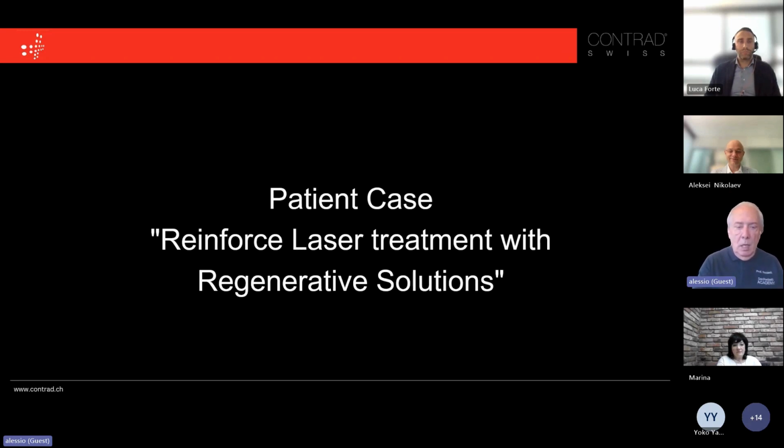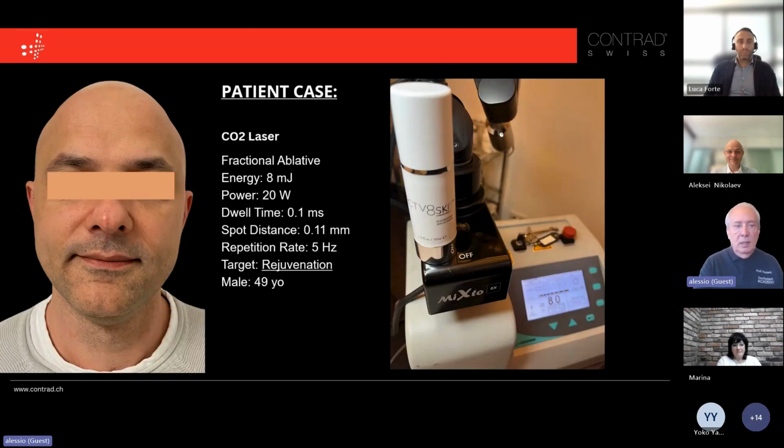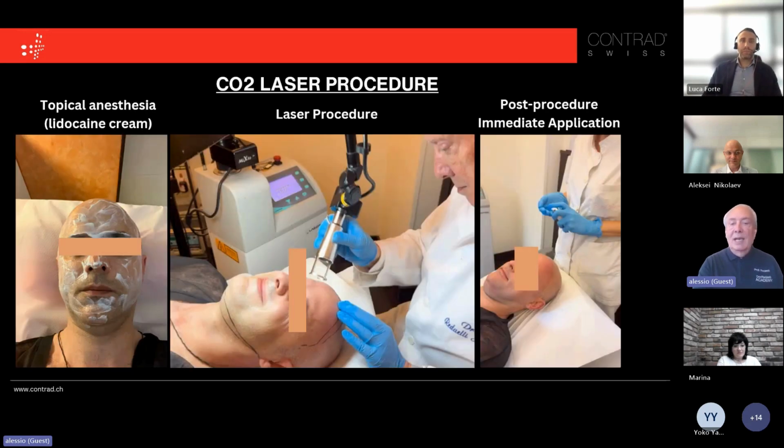And we have an interesting case that I treated around 1 month ago. We have this patient that I treated with this energy and with 1 millisecond and with a spot distance of 1.11 millimeters, of course, after some lidocaine, because this is an ablative laser, and so creates some pain.